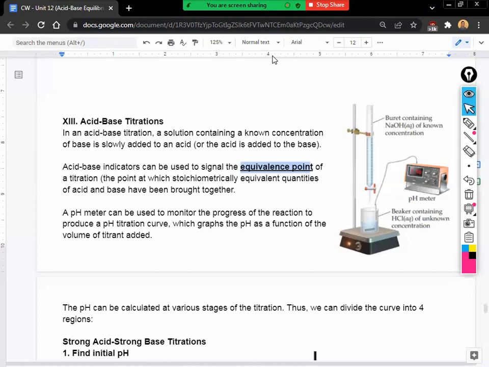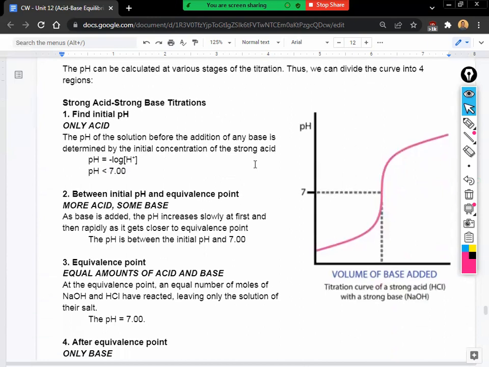Okay, so titrations are basically used to find the concentration of an unknown solution by adding the opposite one into it. Okay, usually base into acid. So don't worry about writing this down, okay, because we're not going to spend too much time. We already did this, okay?